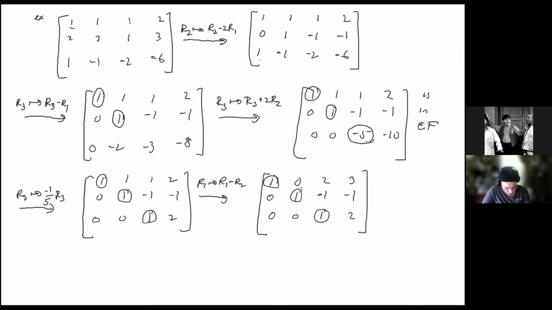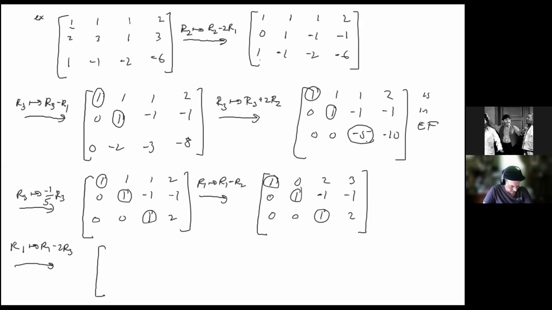We still have two entries which are above my third pivot, these two entries here, which my magic wand is indicating. And I'm going to get rid of them. And how am I going to do that? I'm going to take row 1 and subtract twice row 3 from it to get rid of that entry, which is a 2.